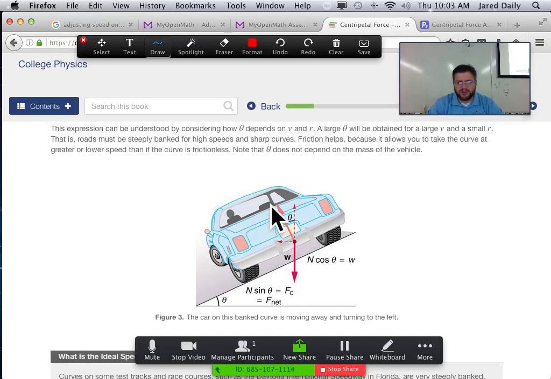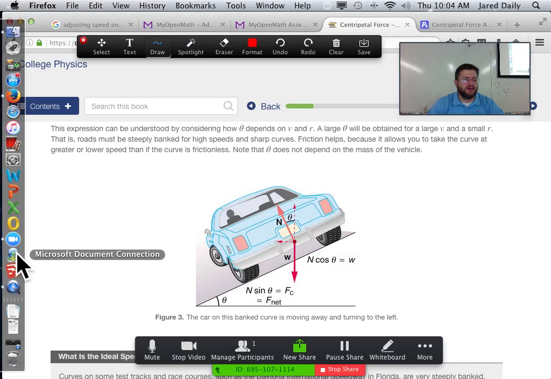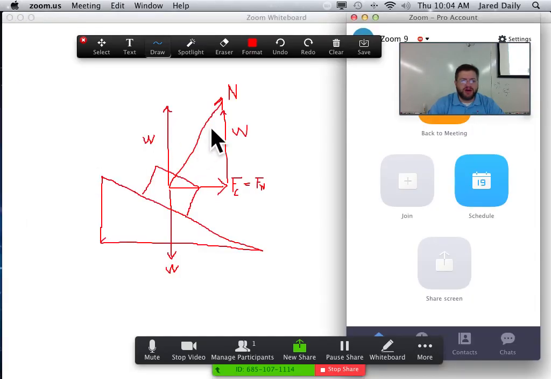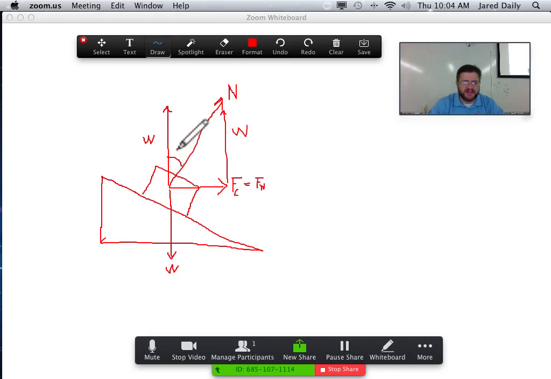So the normal times the cosine of theta gives me the weight. Okay, that's right. So this is the correct triangle. This is theta actually, and this is theta.